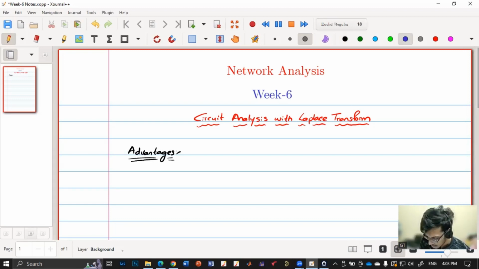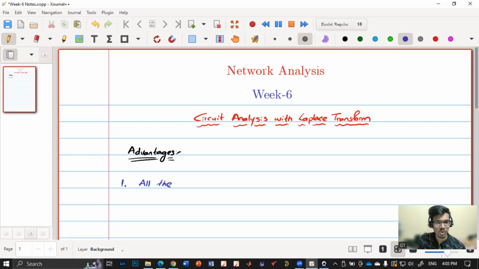The first advantage: if we consider any networks that we have solved in the past weeks, first we need to get the differential equation, and then we solve it by means of the solution or phasor method or any other method. Using Laplace transform, all the differential equations will be converted to algebraic equations. So there will be no differential term. It will be just like any DC steady state RLC network which has currents, voltages and impedances.